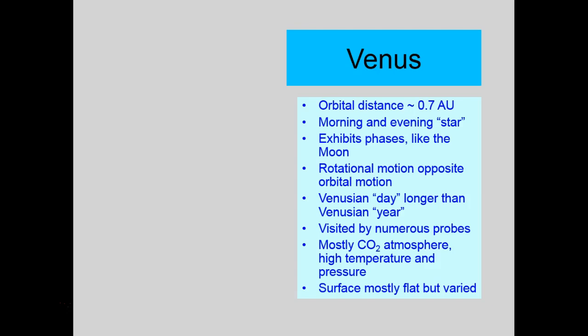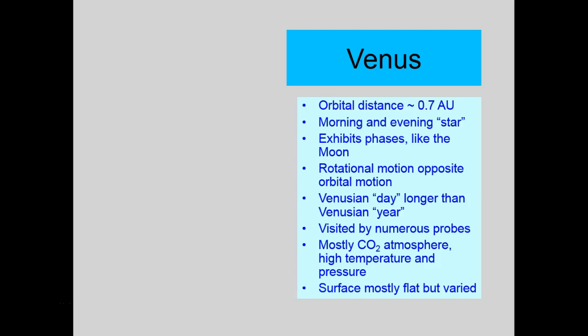Rotational period is minus 243 days, where its orbital period is 6/10 that of Earth, okay? Which in Earth years would be, what, about 7 months? So its day is longer than its year, okay?